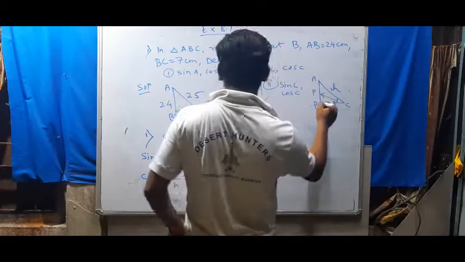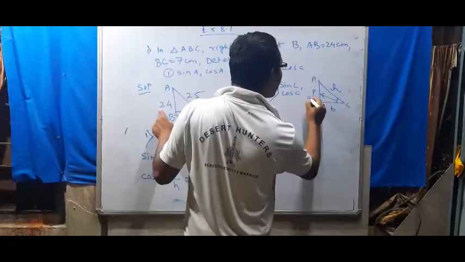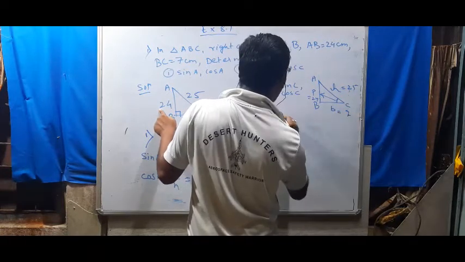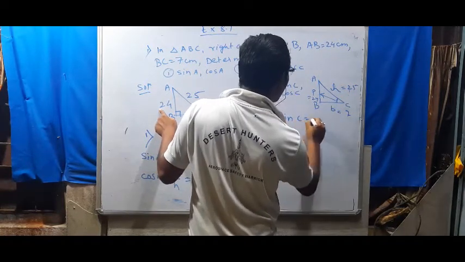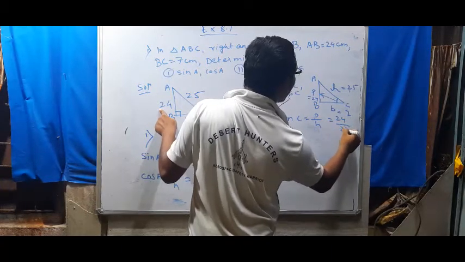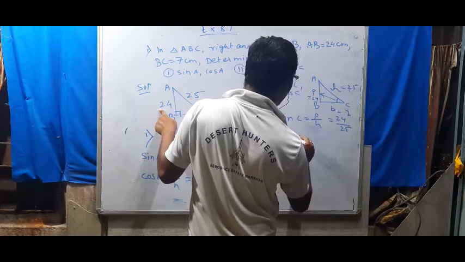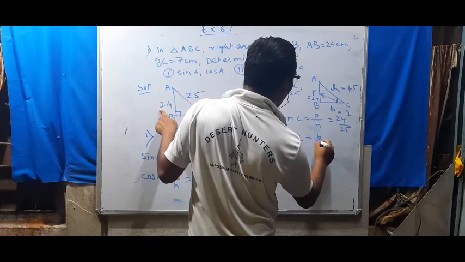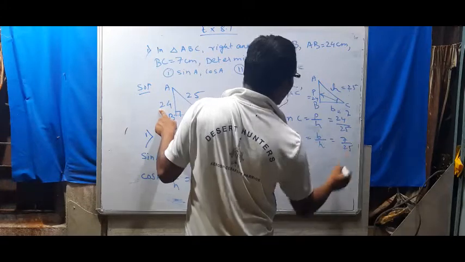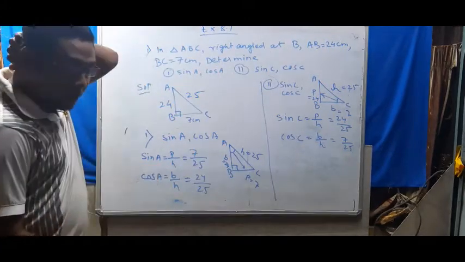So AB is already given as 24, H is equal to 25 and B is equal to 7. So sin C, P by H, is equal to 24 by 25, and cos C equal to B by H is equal to 7 by 25. Okay, this was the solution for the first equation.